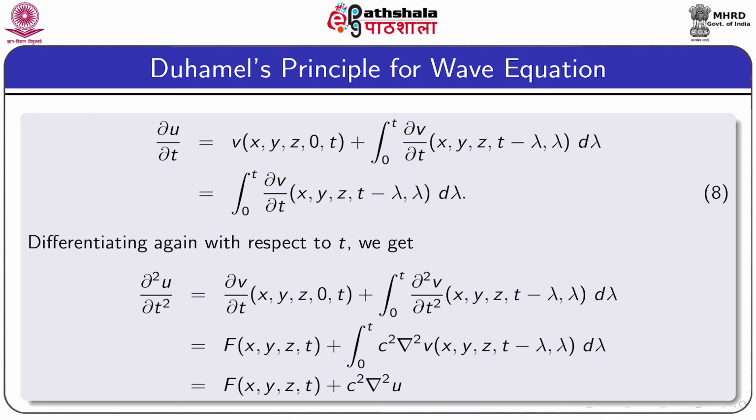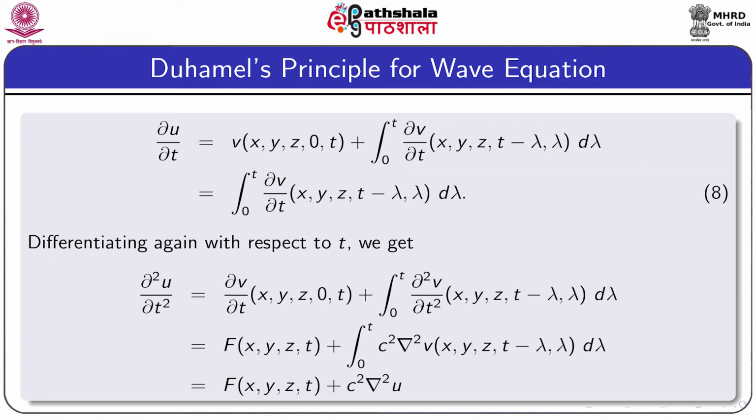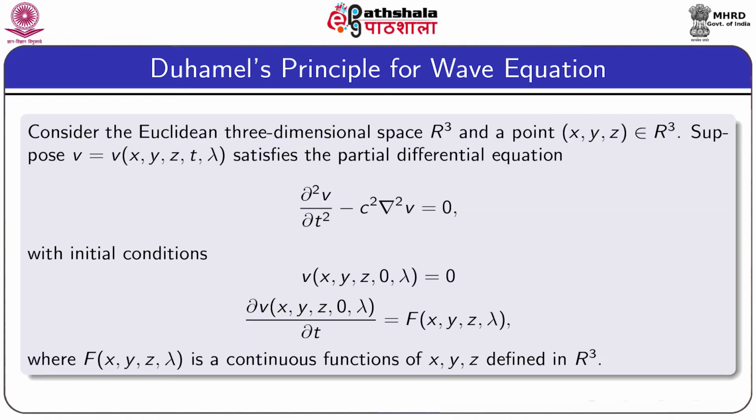So, the first element is v(x, y, z, 0, t) plus integration 0 to t del v del t (x, y, z, t minus lambda, lambda) d lambda. And we have that v at x, y, z, 0, lambda is 0.